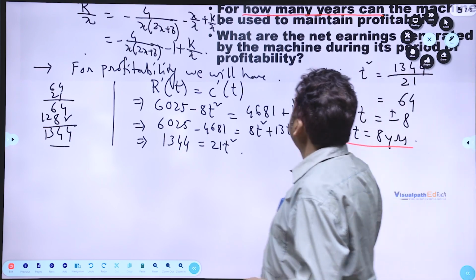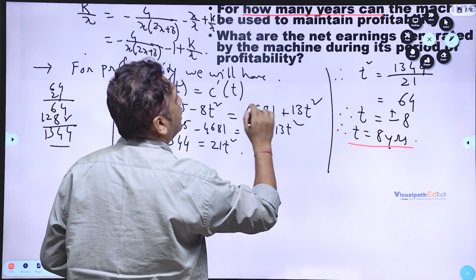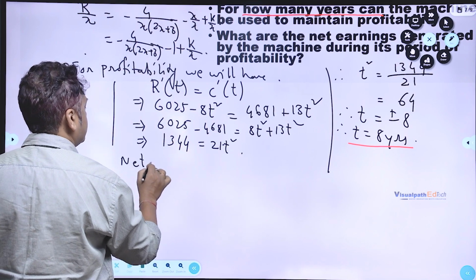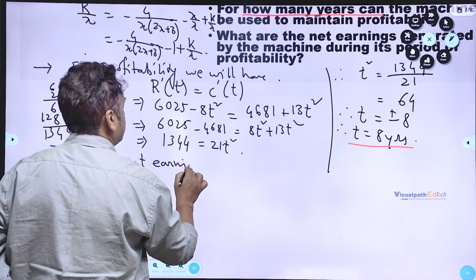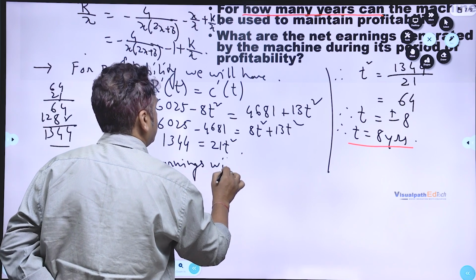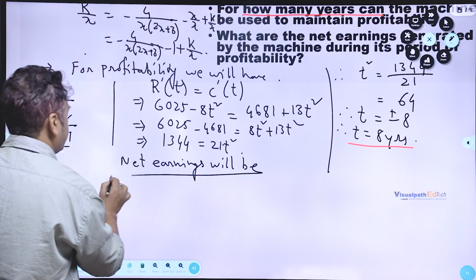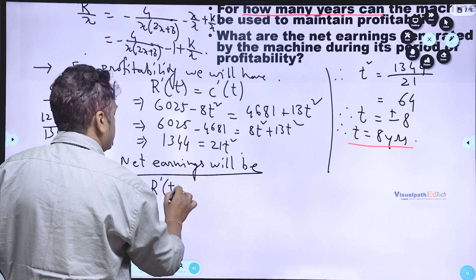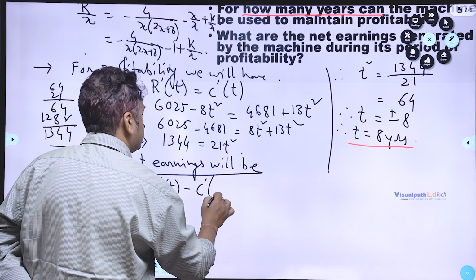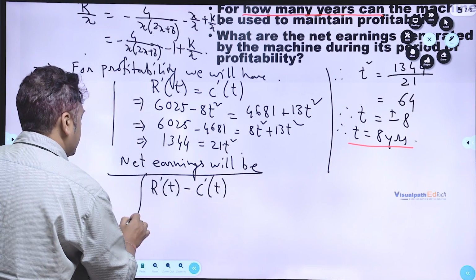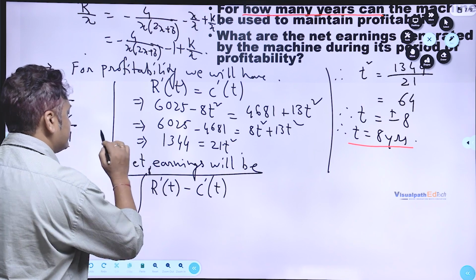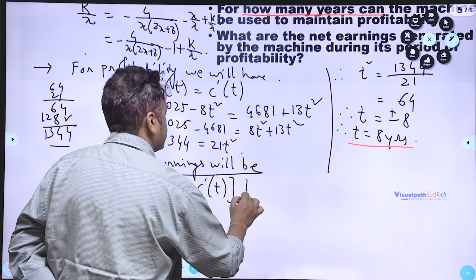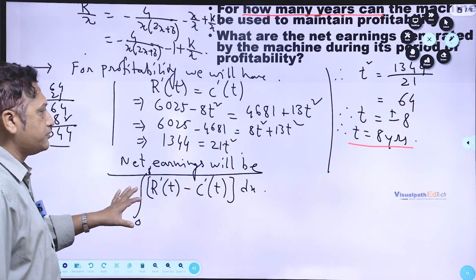So for net earnings, you have to do R'(T) minus C'(T), and integrate it over 8 years. Okay, so dt. This is what we have to do.